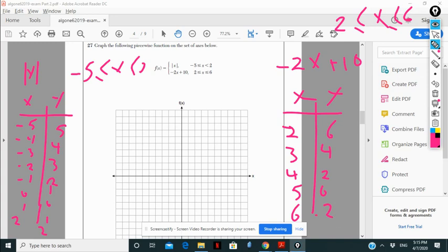So I'm going to start with the first part, x from -5 to 2.